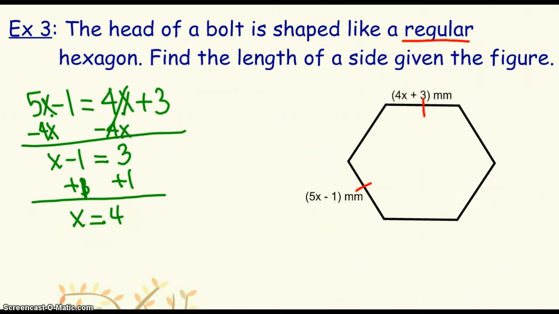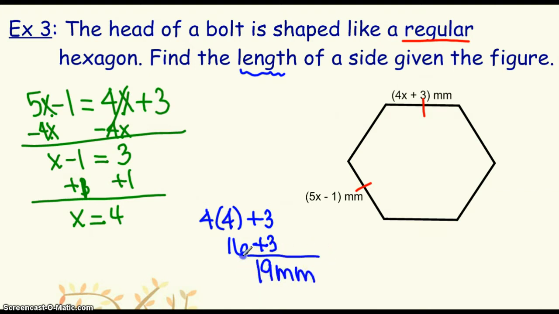The question was asking us find the length of the side given the figure. So we want to plug that x back into one of these two side lengths to find the length of the side. So 4 times 4 plus 3 is 16 plus 3. So we get 19 millimeters is the side length of the bolt.